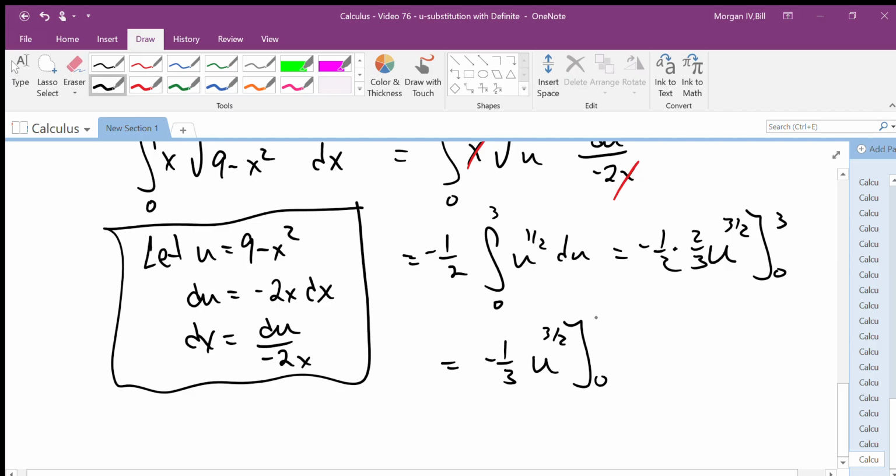Now, the reason I like to change my bounds is that I don't want to be tempted at this point to plug in 3 and plug in 0, like the fundamental theorem of calculus, and have an answer, because that answer would be wrong.